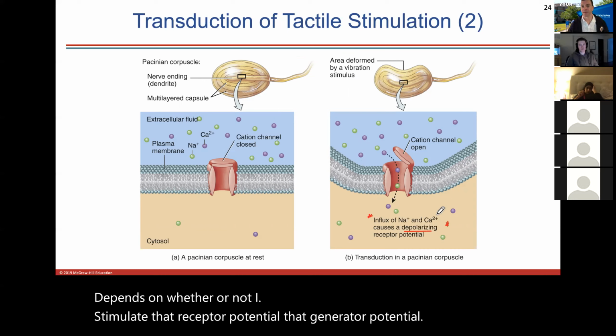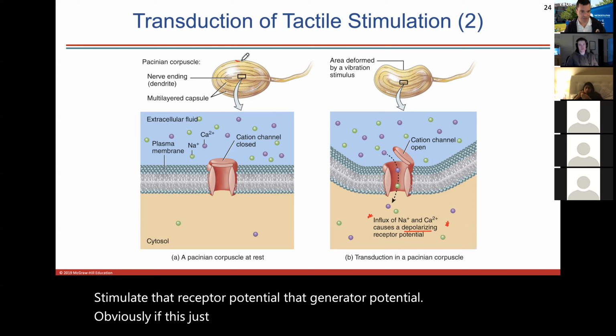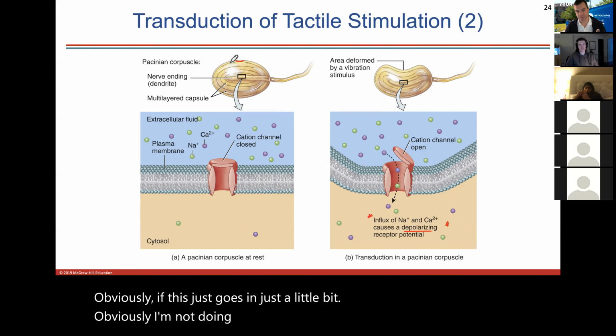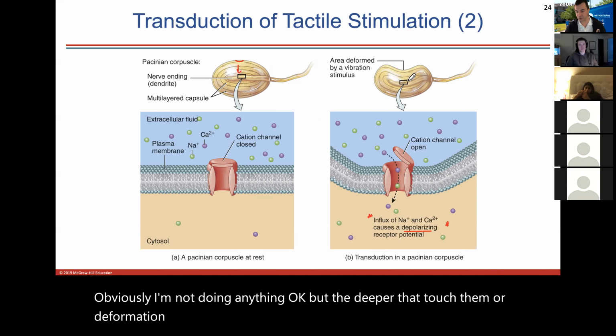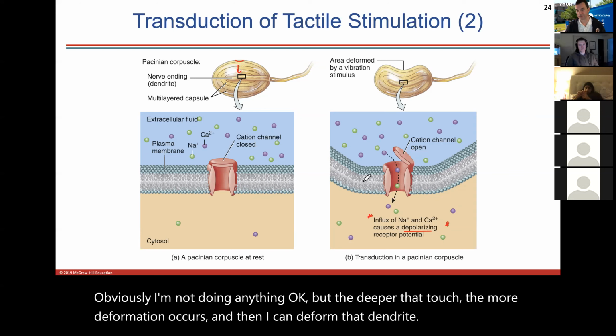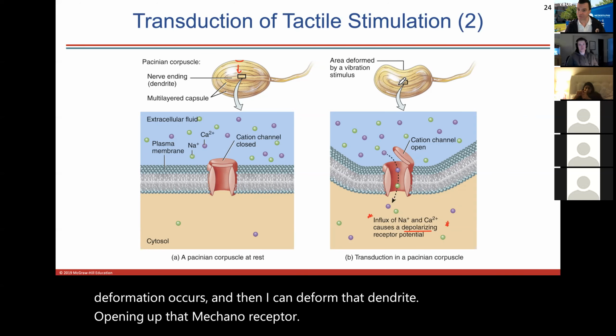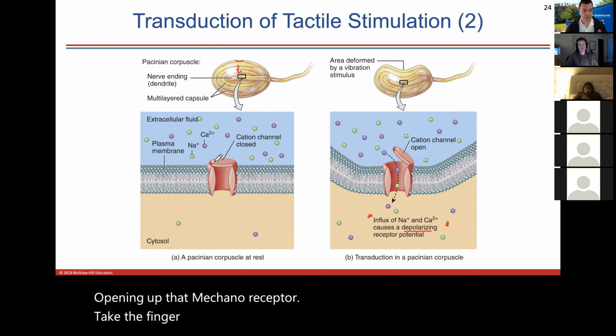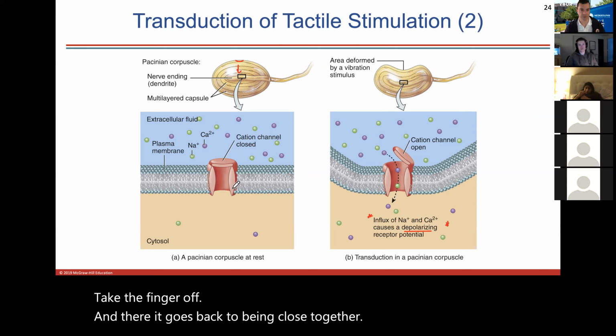Obviously, if this just goes in a little bit, I'm not doing anything. But the deeper that touch, the more deformation occurs, and then I can deform that dendrite, opening up that mechanoreceptor. Take the finger off, and there it goes back to being closed again.